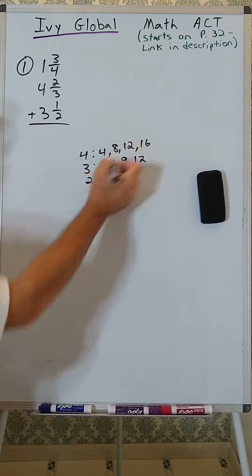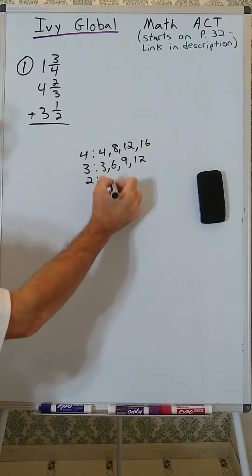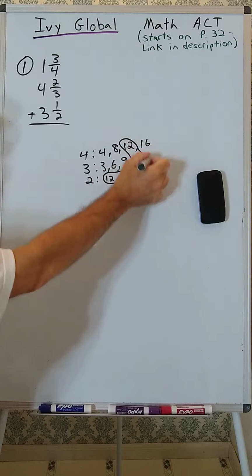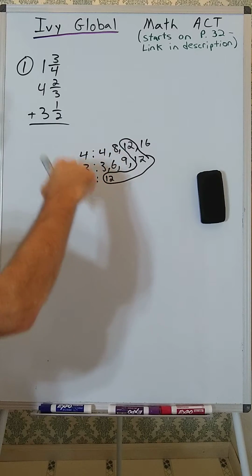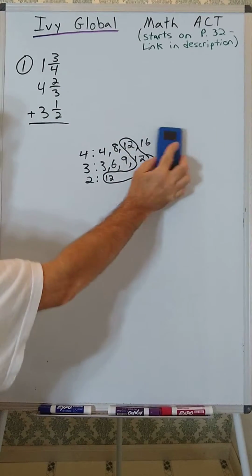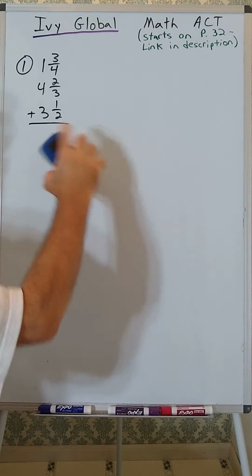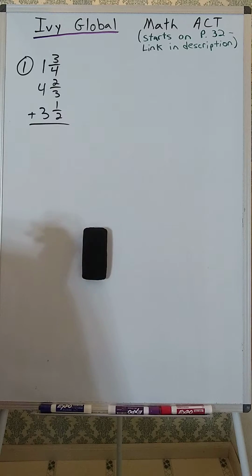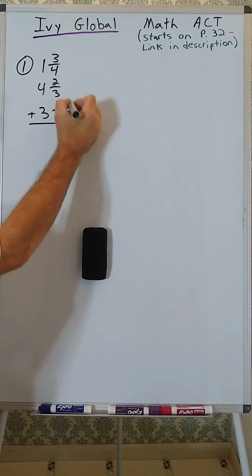See, there's a common number. And I know if I count by 2s, I will also get to 12. So 12 is the least common multiple of 2, 3, and 4. So I'm going to use 12 as the common denominator because I can multiply each of these denominators by a factor and get 12.